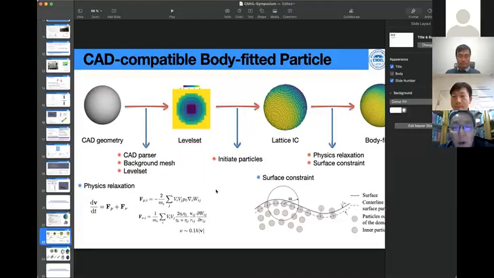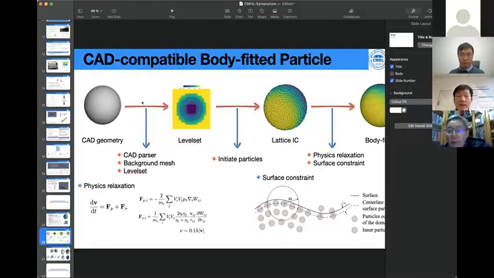You said you combined SPH with SimBody, right? So what's the difference between SimBody and fluid structure interaction? Is this a special kind of package? Could you give more explanation?